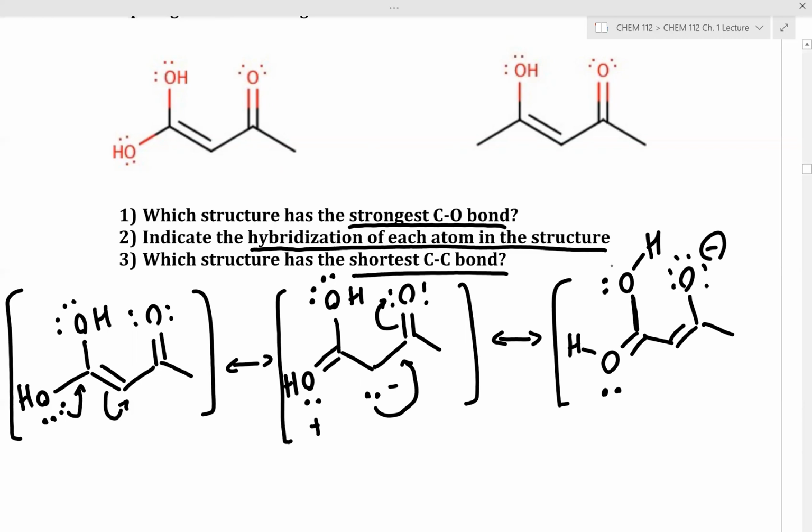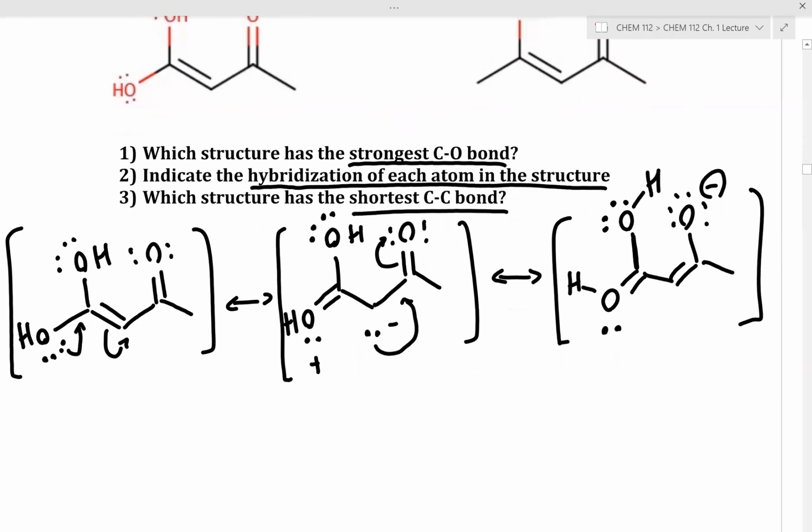Now, there's one more resonance structure that we can potentially draw. And to accomplish that, we can't access the next resonance structure just from here. We can't access it straight from the structure that we've drawn. So we're going to have to go back to our initial structure and make one minor adjustment.